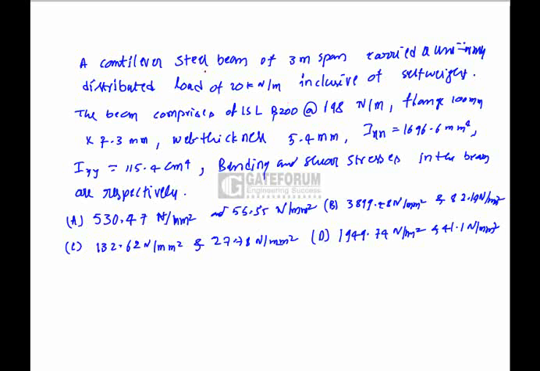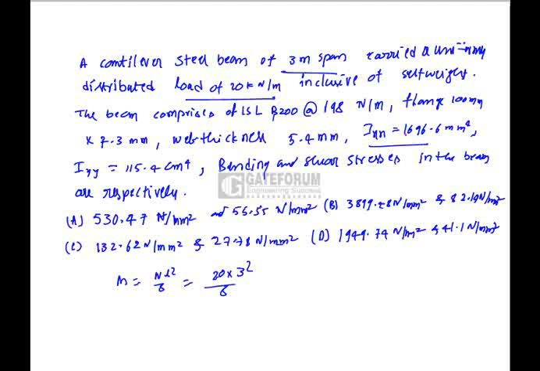The question is, a cantilever steel beam of 3 meter span carries a uniformly distributed load of 20 kilonewton per meter. So the bending moment M is equal to W L squared by 8, that is equal to 20 into 3 squared by 8, and IXX is given. Bending stress and shear stress we have to find out.